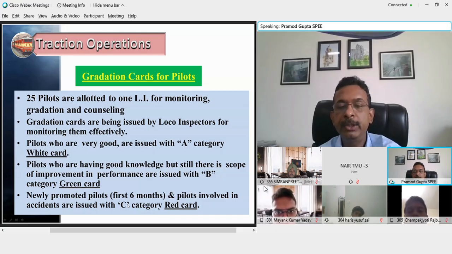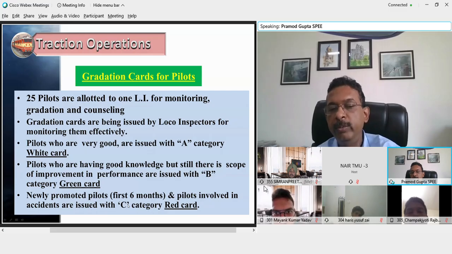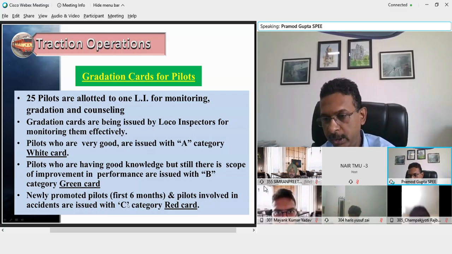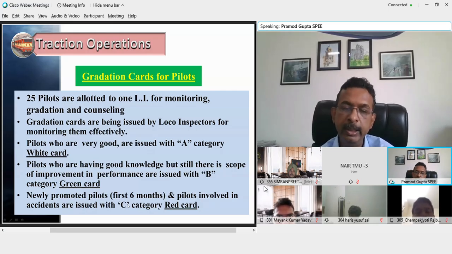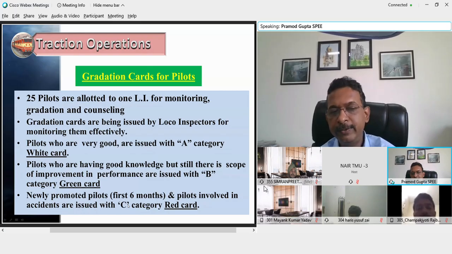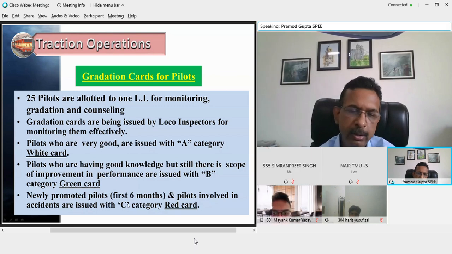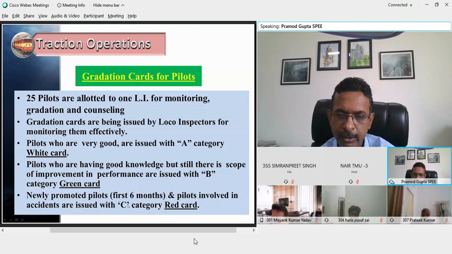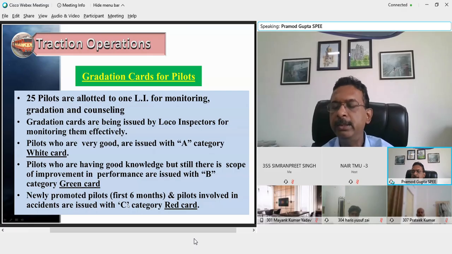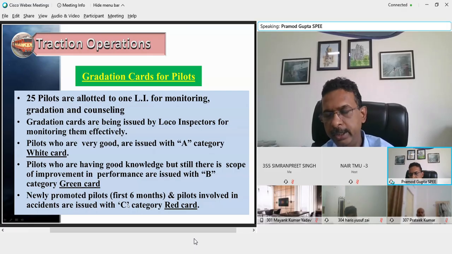So if we start punishing the loco pilot, there is a possibility that nobody will come forward with a complaint. Secondly, if somebody deserves a white card and has not been given the green card, then it is not a very big issue, because his salary is not getting increased or decreased, and his overall performance is also not getting affected.